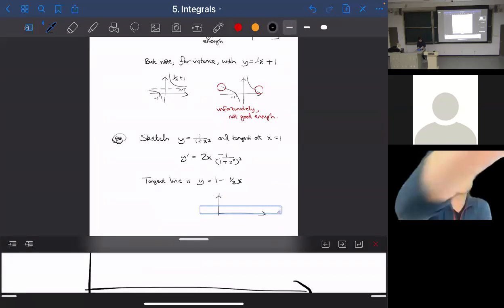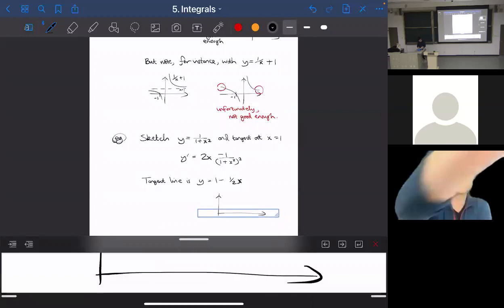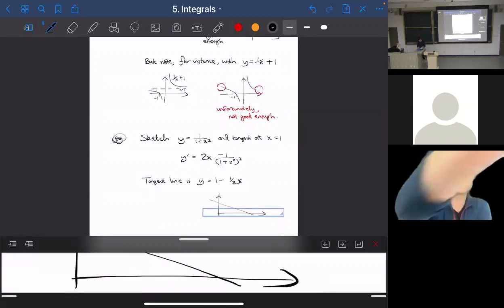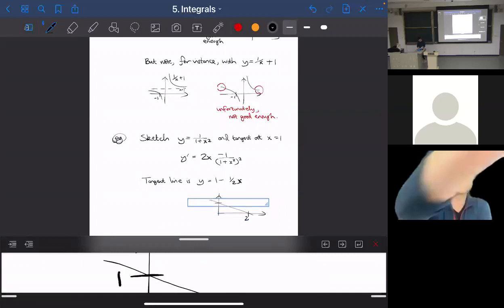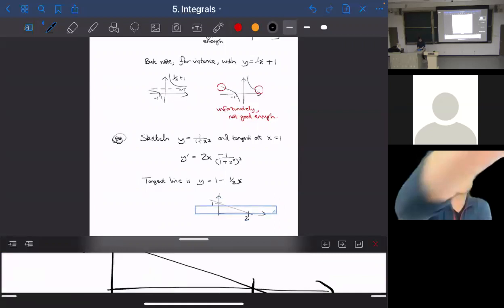So what have we got? Yes. So that tangent line has intercepts 2 and 1. And the point where it touches the curve is this.